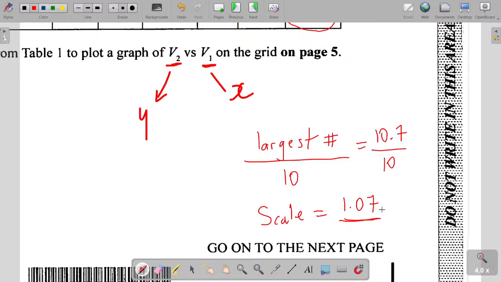So the best thing we can do is to round this number up to a value that we can count up by easily. So instead of using 1.07, which is a very hard increment, we're going to be using 1.5 instead. This number is not very far from 1.07, right? And it will help us to get our scale.